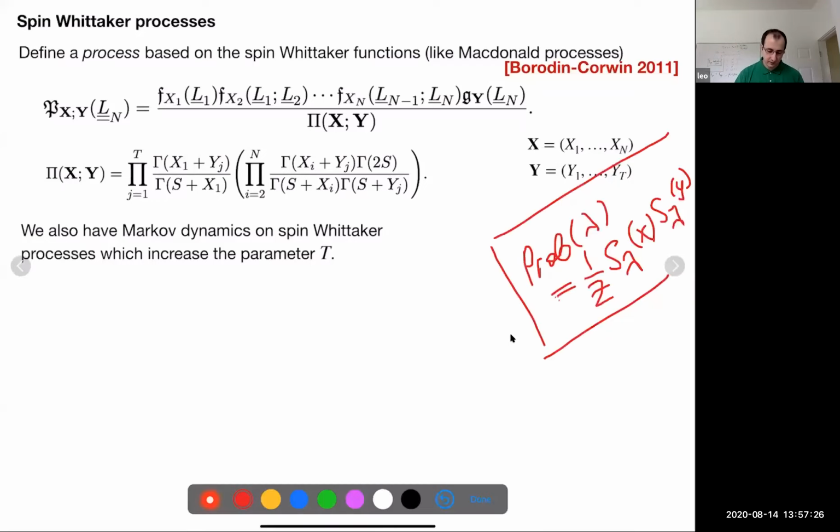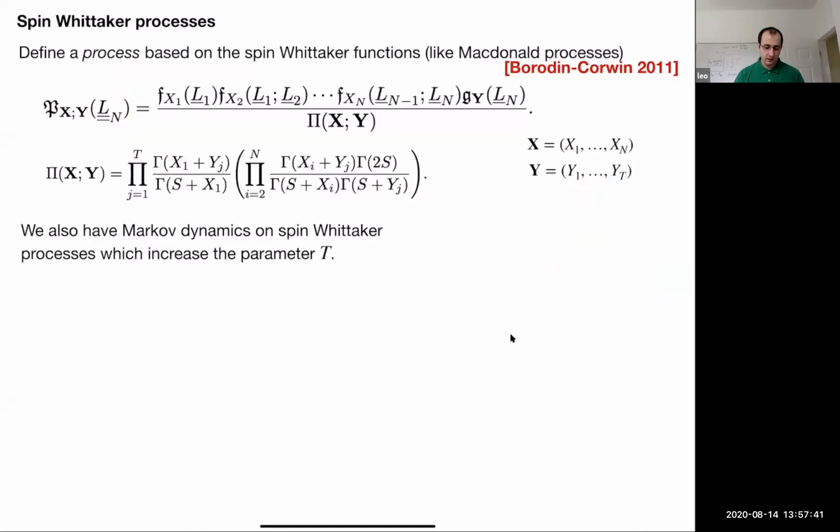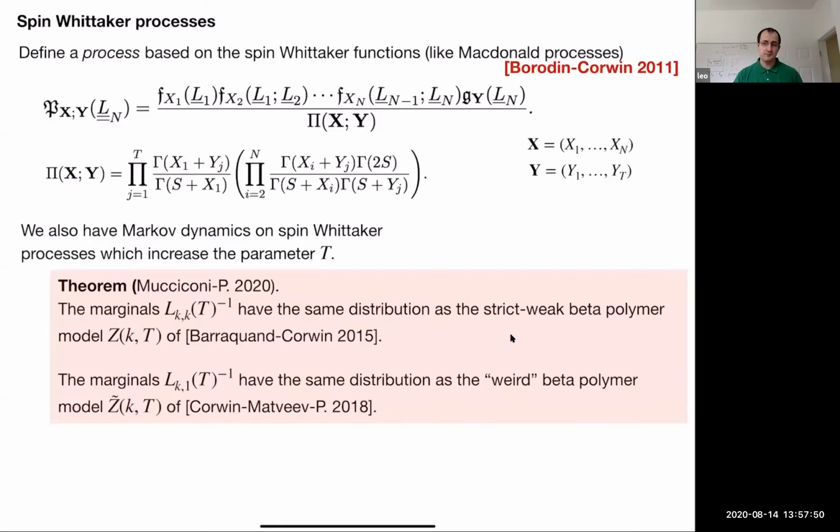So here my measure lives on the interlacing array of reals. The bottom line is that there is a probability measure based on spin-Whittaker functions, and we connect this measure to integrable particle systems. In this case, there would be integrable polymer models.